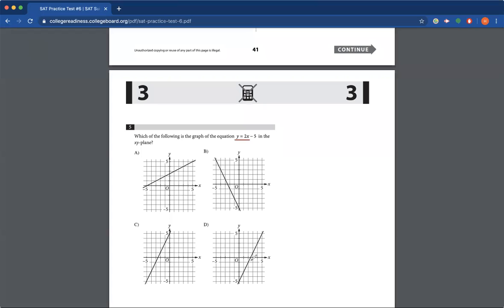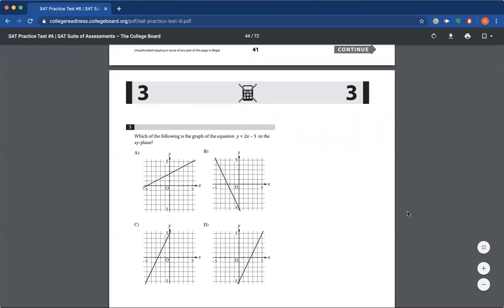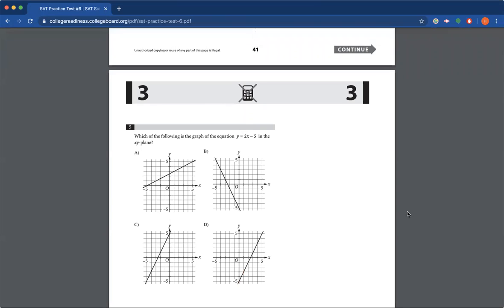Wait, no, I messed up. If you plug in 0, you'd get -5. So x is 0, y is -5. You could plug in 1 and you'd get -3. So 1, -3. So you can plug it in. I will move on once I finish answering everyone's questions. I want to make sure everyone understands.